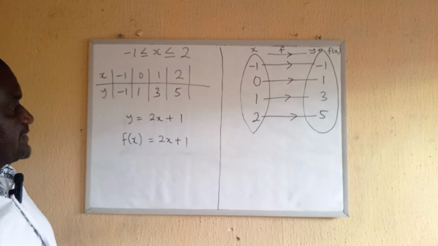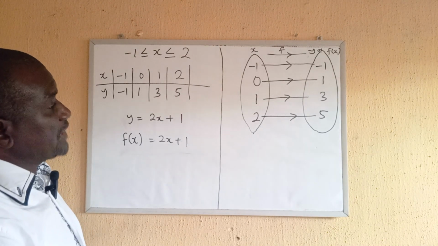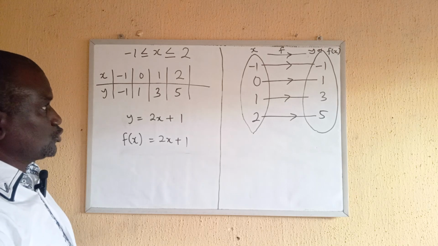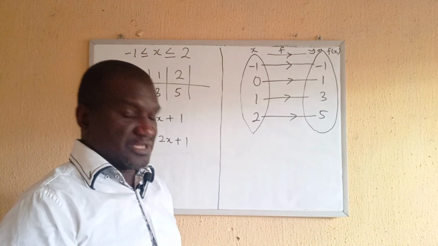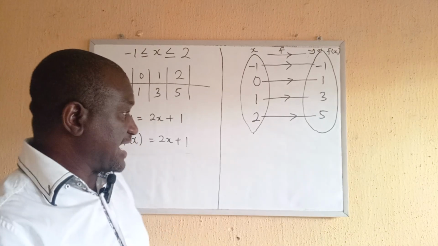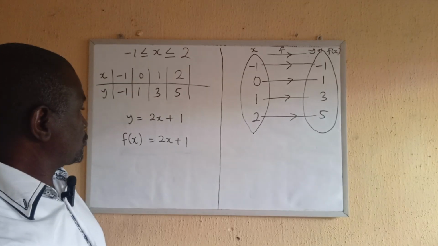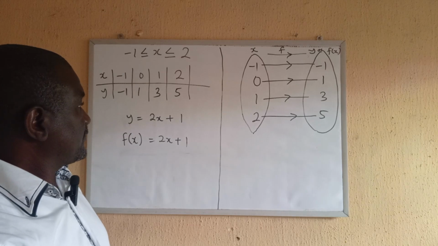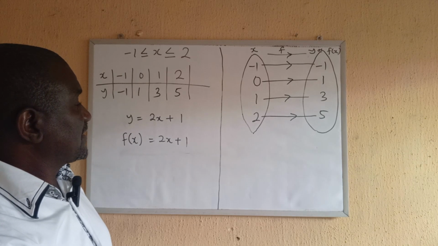That we said is a function. So if you look at this function, it is one-to-one and onto. So any function that is one-to-one and onto must have an inverse. So we shall continue from here in our next class.